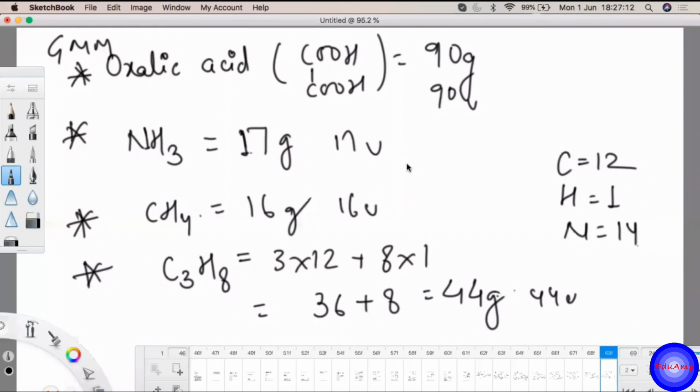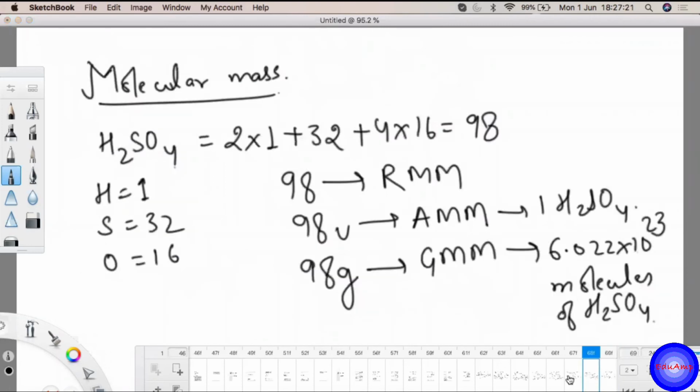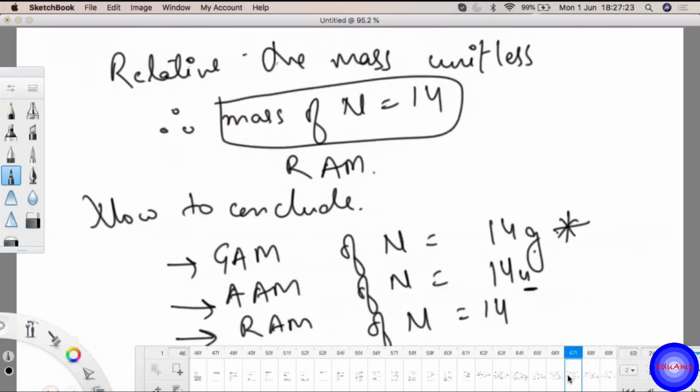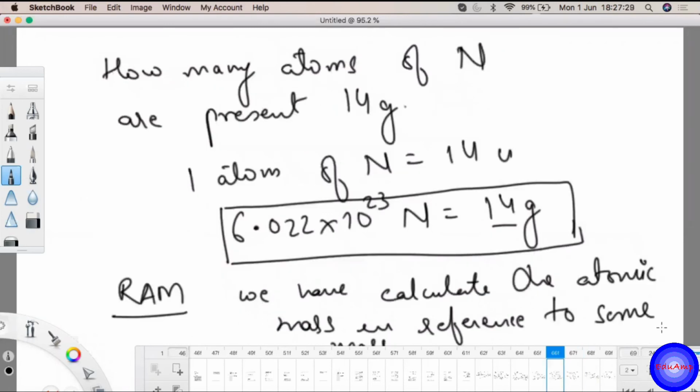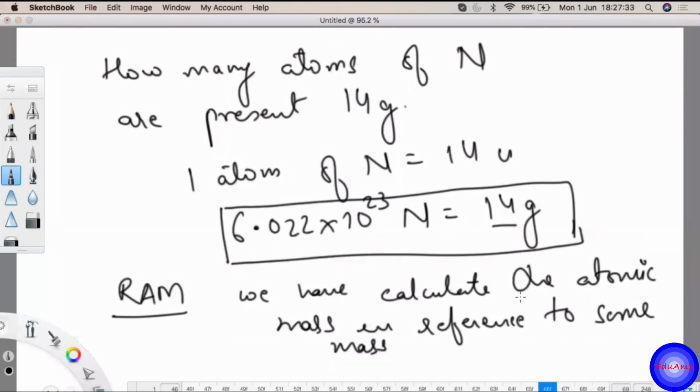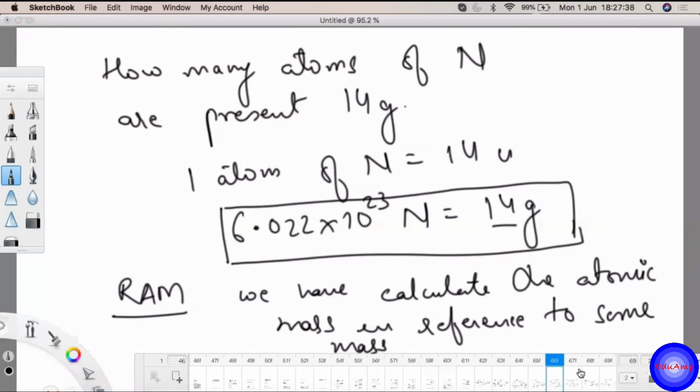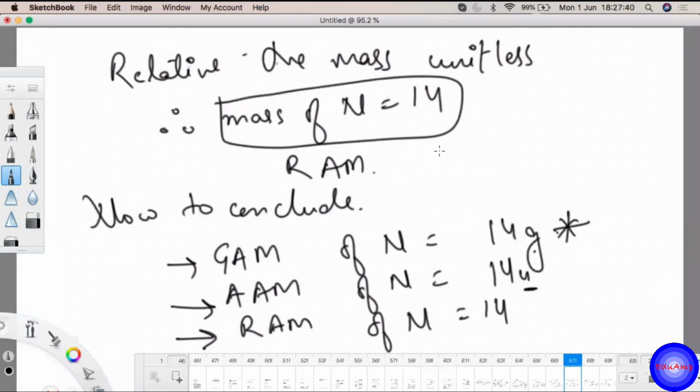Yes, ma'am. Okay, so somebody has asked me what is the basis of relative atomic mass? See, I told you in previous slide. Relative atomic mass is usually calculated with reference to some mass.